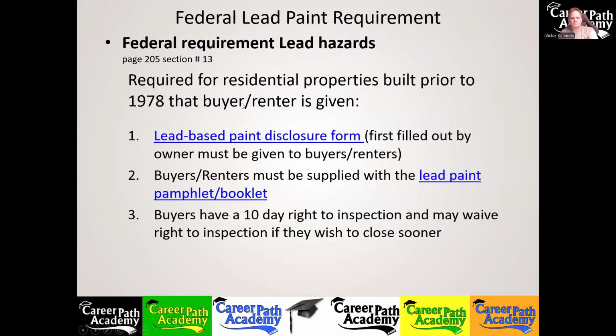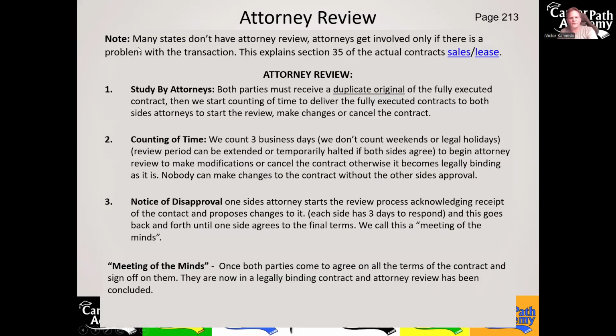So attorney review, many states don't even have it. Attorneys get involved only if there's a problem with the transaction. See, this explains section 35 of the actual contracts. Okay, so section 35 is the attorney review section.